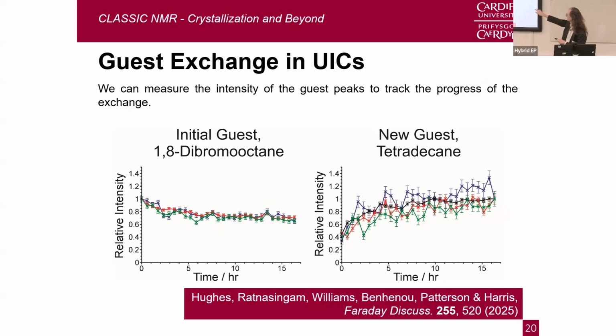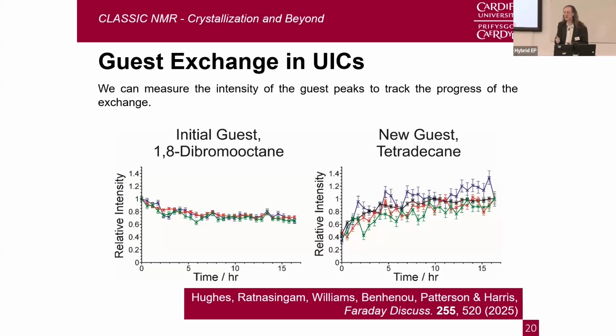So we can take our CP spectrum, fit all of the data, and get integrals of the intensities for the different peaks for the initial guest, which is the dibromooctane, and the new guest, the tetradecane. Now, it's clear that we didn't catch the very beginning of the exchange process.